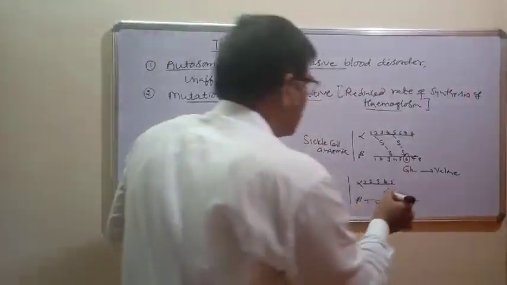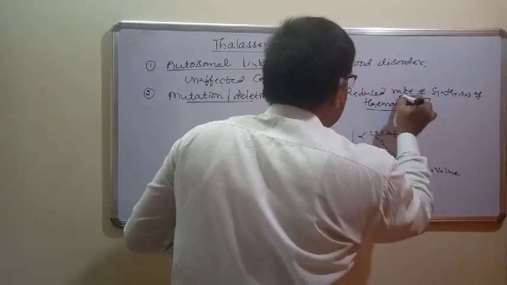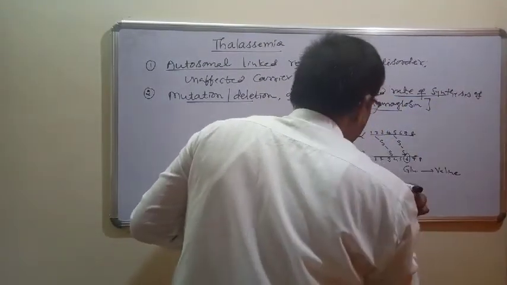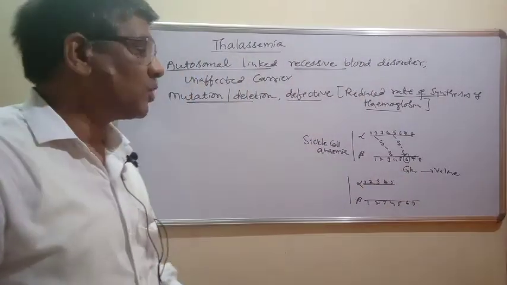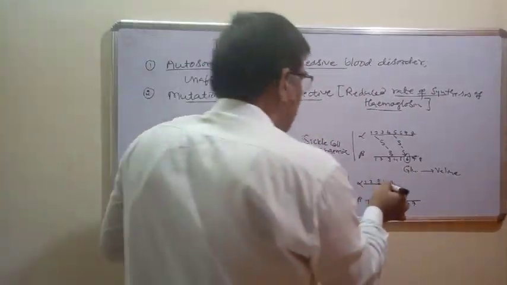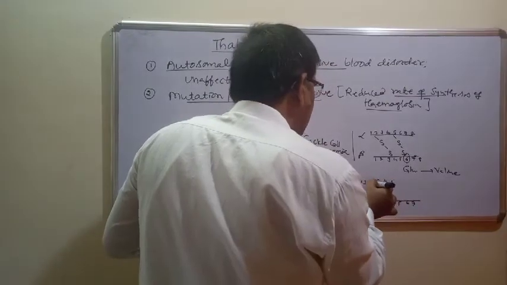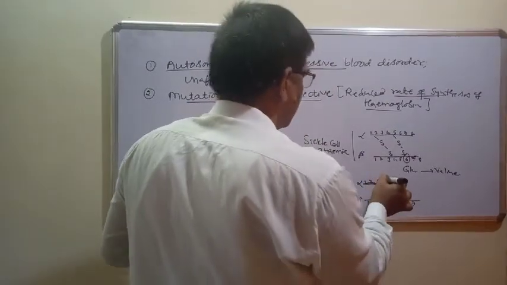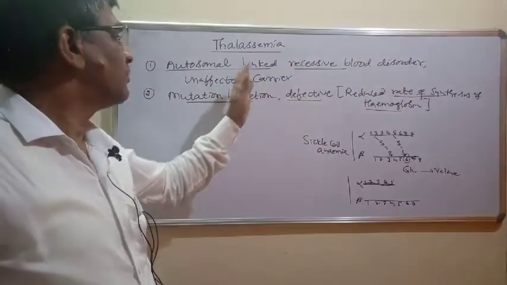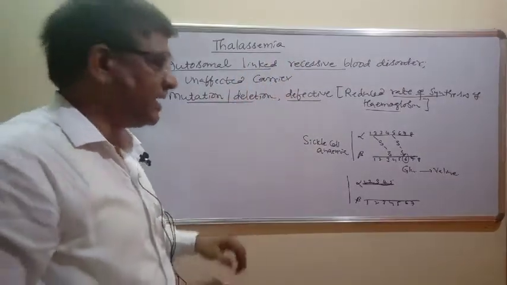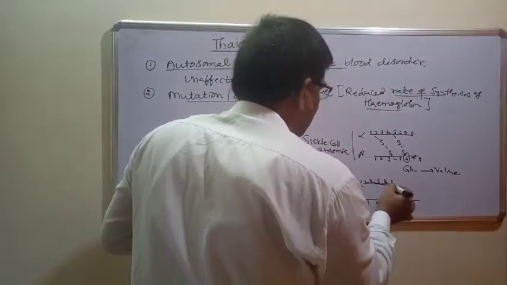It means there is a reduced rate of synthesis of one of the chains of this hemoglobin. This is because of the defective gene which is carried from unaffected carrier parents. Unaffected parents, it is transmitted.